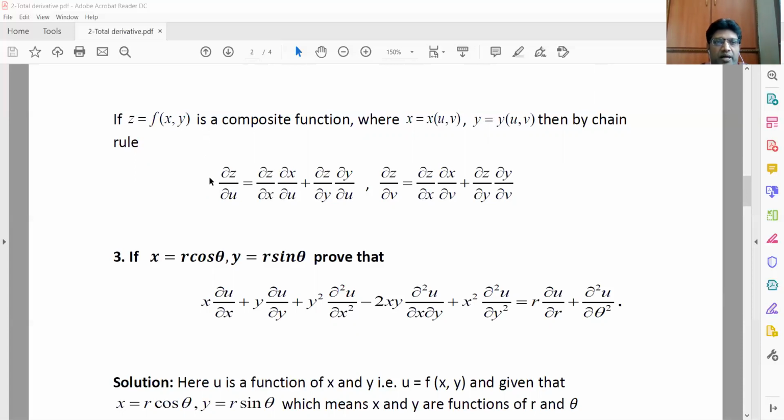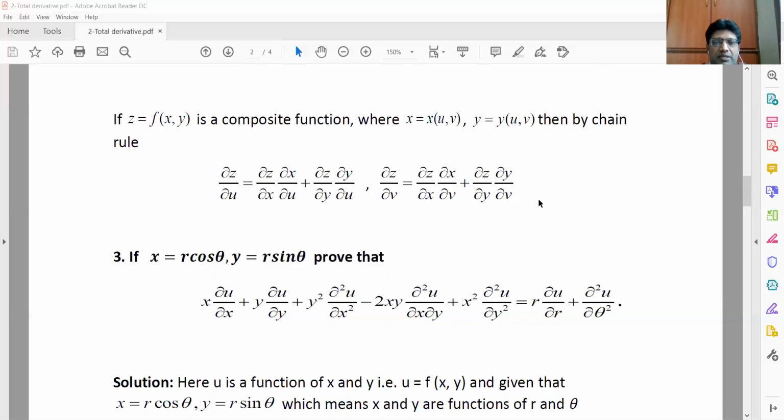So ∂z/∂u is equal to ∂z/∂x into ∂x/∂u plus ∂z/∂y into ∂y/∂u. In a similar way, ∂z/∂v equals ∂z/∂x into ∂x/∂v plus ∂z/∂y into ∂y/∂v.